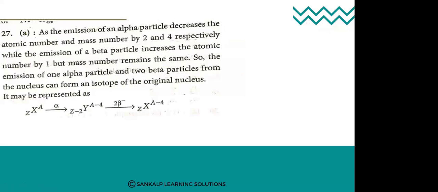See here, as the emission of an atomic number by 1, but mass number remains the same. So the emission of the 1 alpha particle and 2 beta particles from the nucleus can form an isotope of the original nucleus.